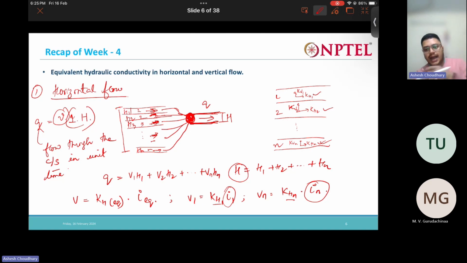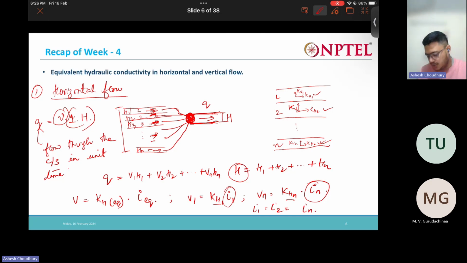Now this head difference, measured from a datum, will be the same for all the layers. That is the hydraulic gradient. This i is the same for all the layers, isn't it?